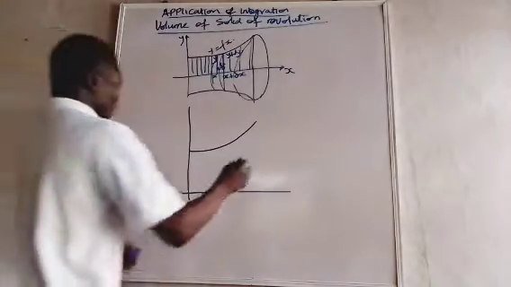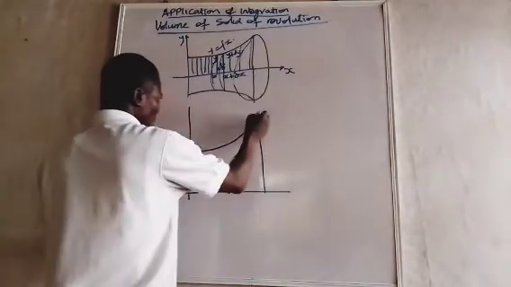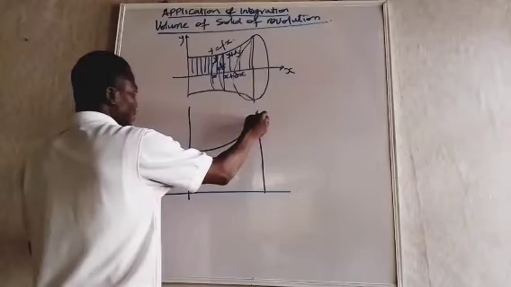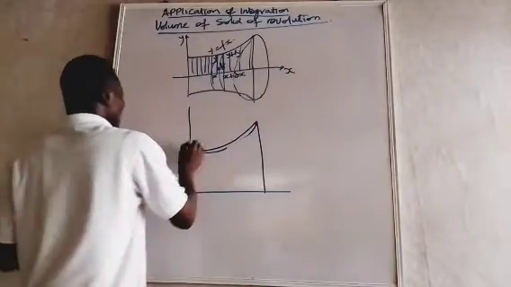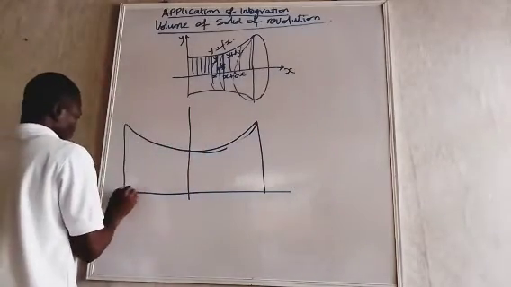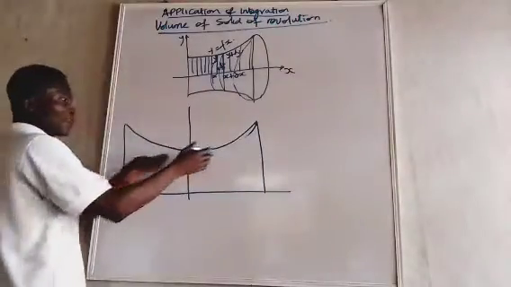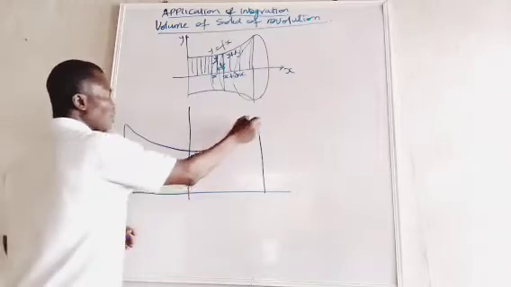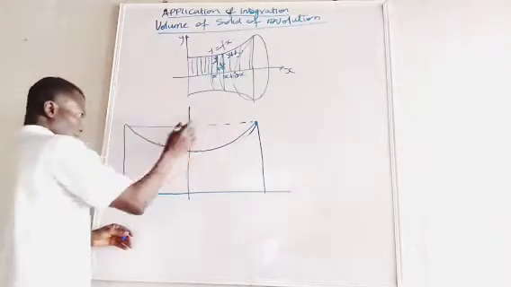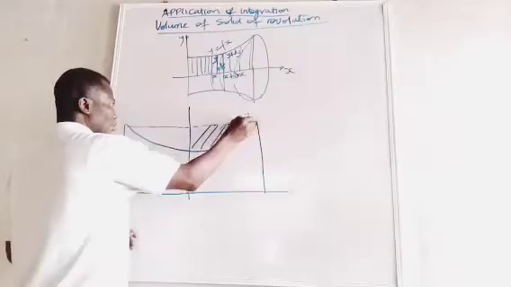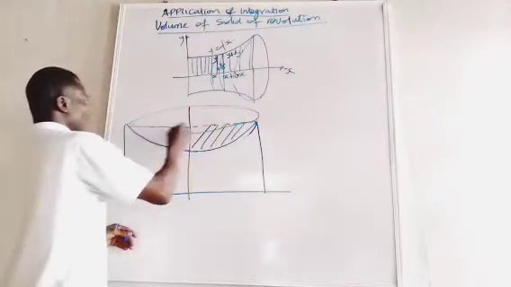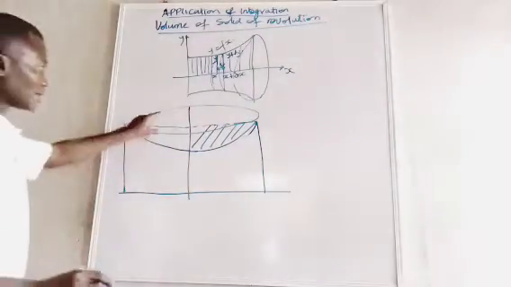Now the next one is the volume generated when this shape is rotated around the y axis. Please note, the former one was this place when it's rotated. You get it? That is the second one I just talked about.